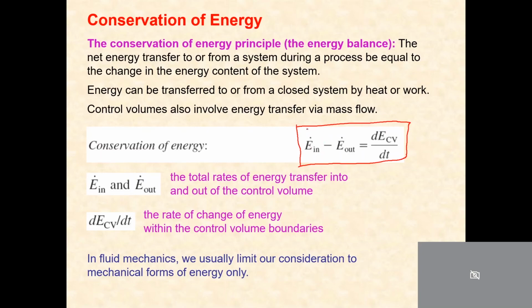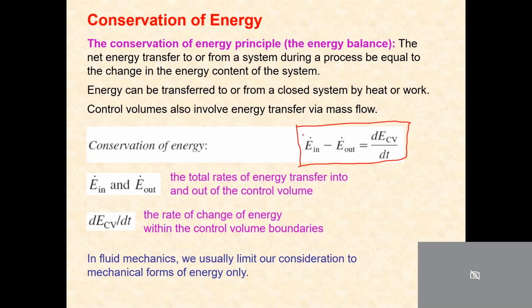The energy that goes into the control volume minus the energy that goes out of the control volume equals the rate of change of energy in the control volume with respect to time. So it shows that energy in the control volume cannot just be suddenly created or suddenly appear.